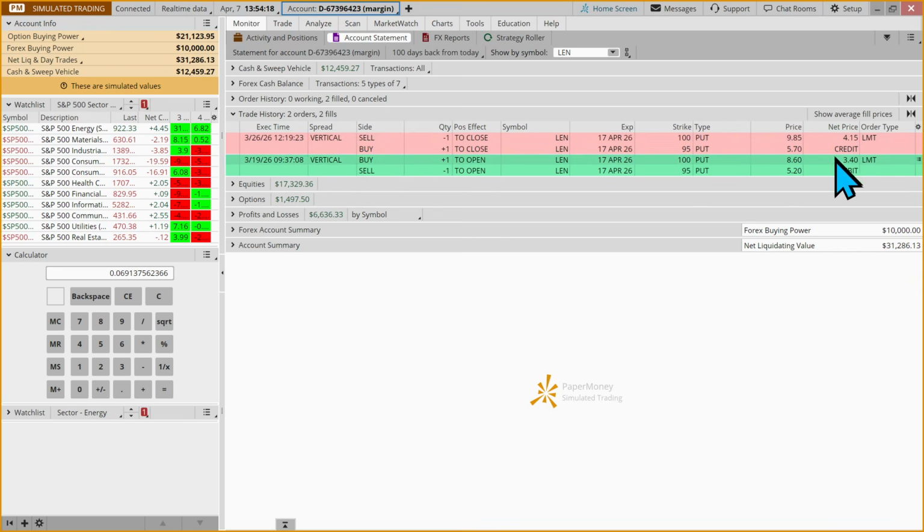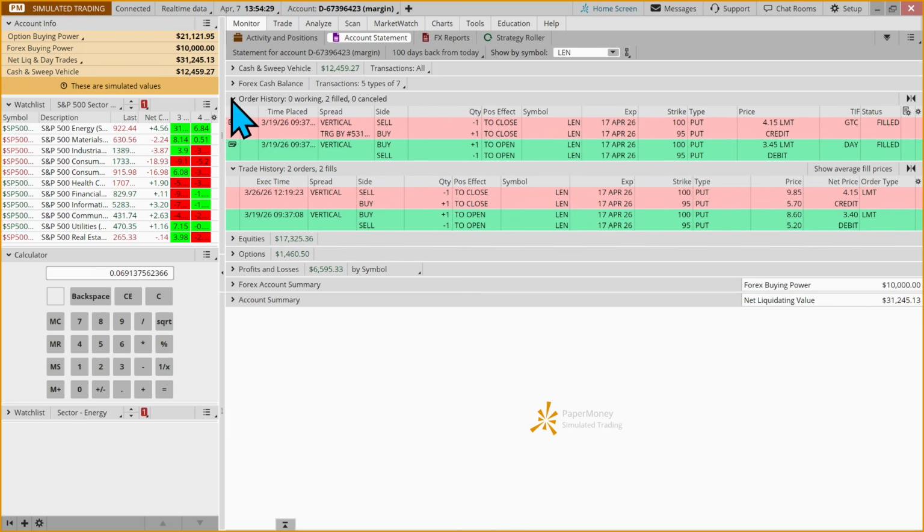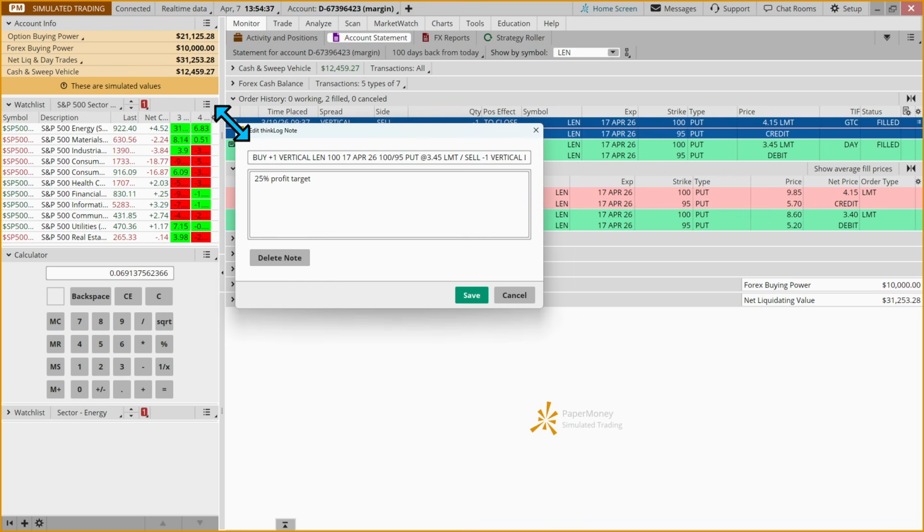And typically when we do a long put vertical trade, our target is a 50% gain. That doesn't look like 50%. I wonder if we got out early or if we changed our target. So I can't see the notes on the trade history, but if I download the order history, I can click and see, oh, we went for a 25% target on this one instead of a 50% target.